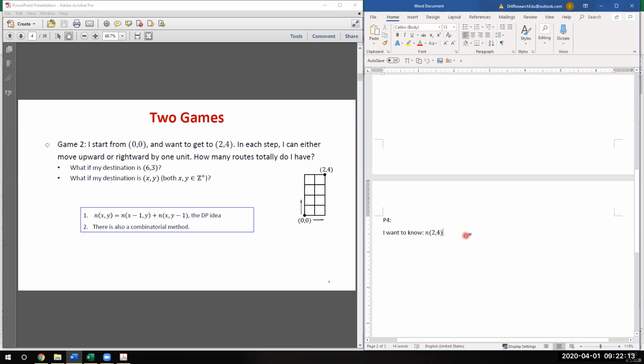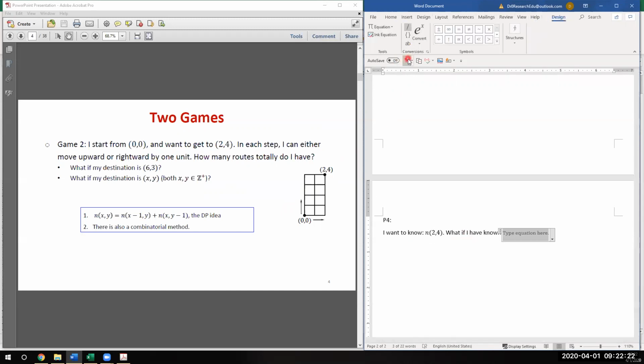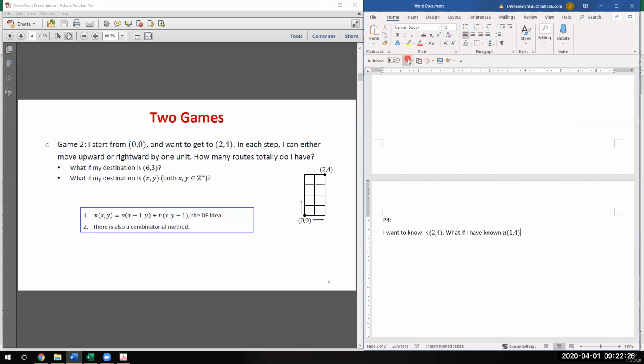Now the question is, what if I have known, let's say, N(1,4) and N(2,3), which means this point and this point.